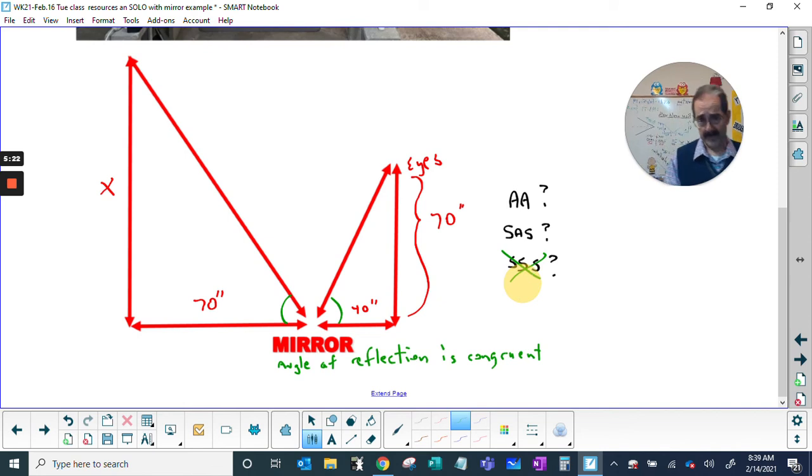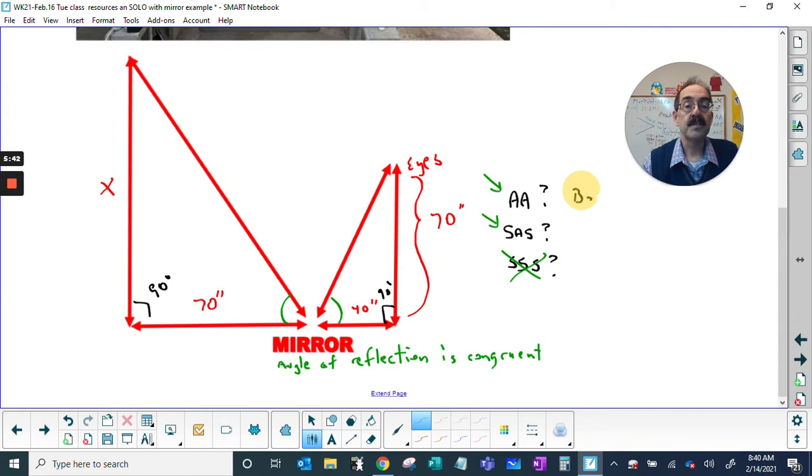Now, you pick angle, angle, or side, angle, side. The book is going to want you to use angle, angle because we dropped a straight line down from our eyes and a straight line down from the object. The book wants this.